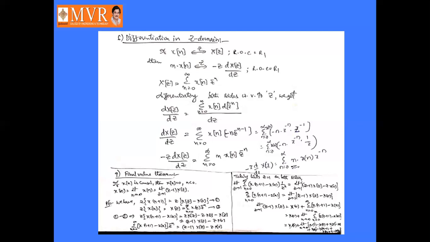Here we are applying z is 1. z power minus 1, that is 1 by z.